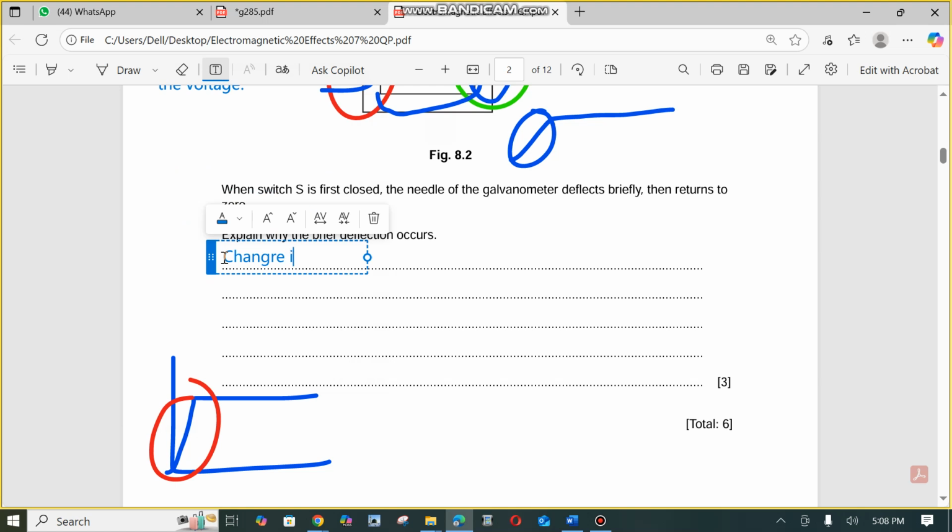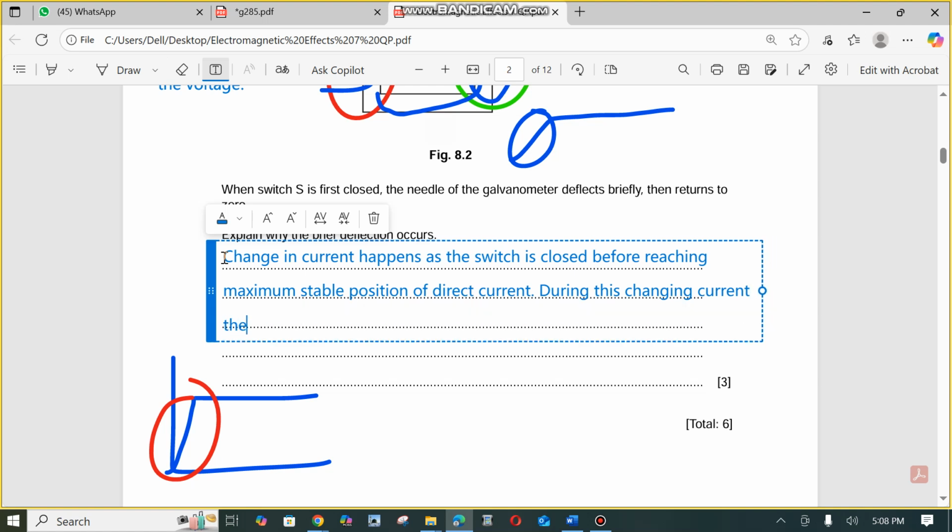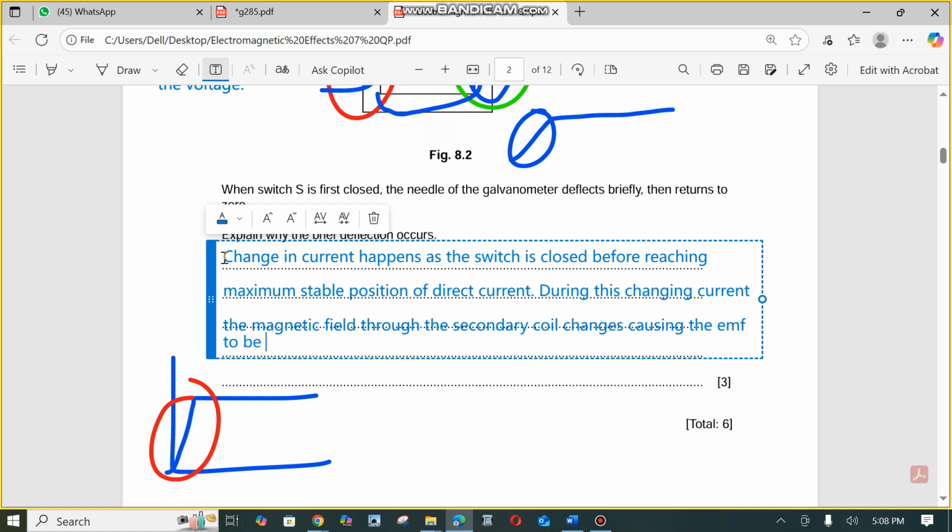So you will write that the change in current happens as the switch is closed, before reaching the maximum stable position, direct current, and during this changing current, the magnetic field through the secondary coil changes, causing an EMF to be induced, and the galvanometer shows a brief deflection.